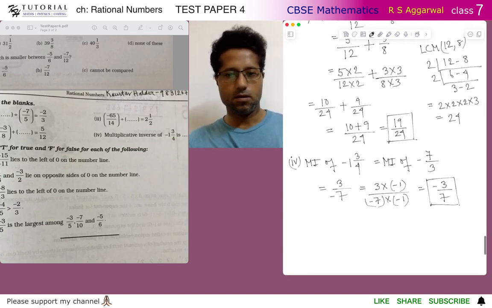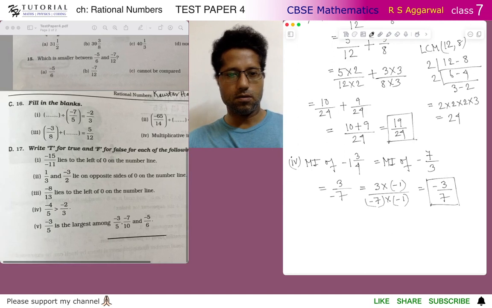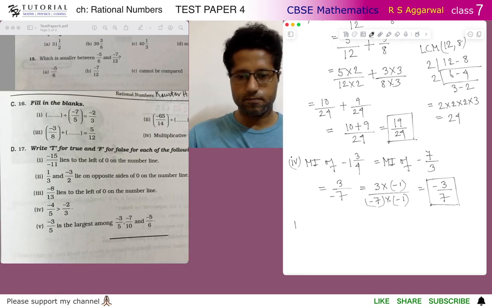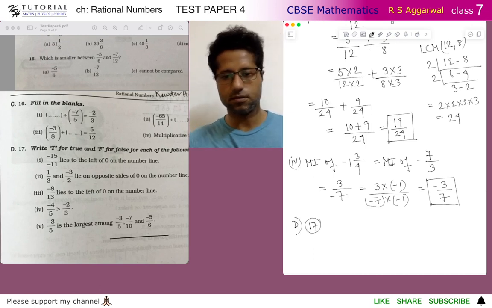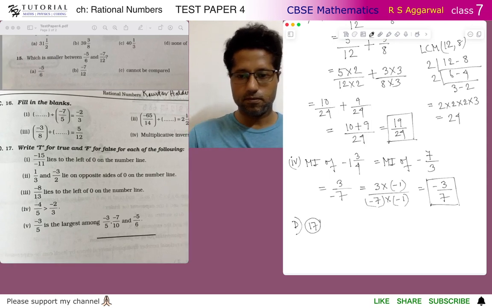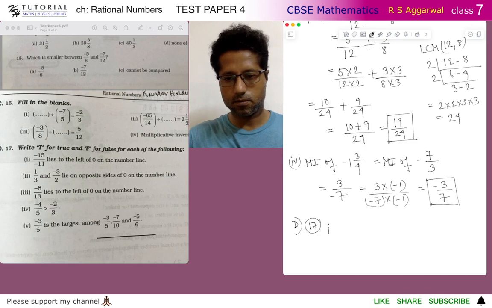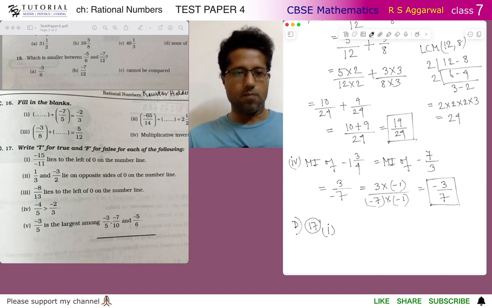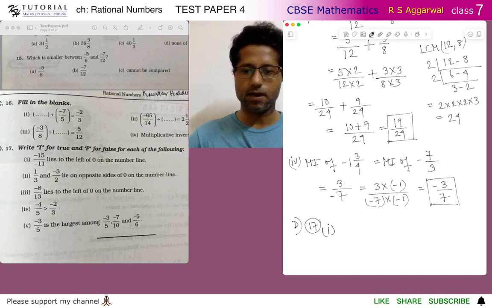Okay. So now section D, question number 17. This is a true false problem. So part 1 says minus 15 by minus 11 lies to the left of 0 on the number line.